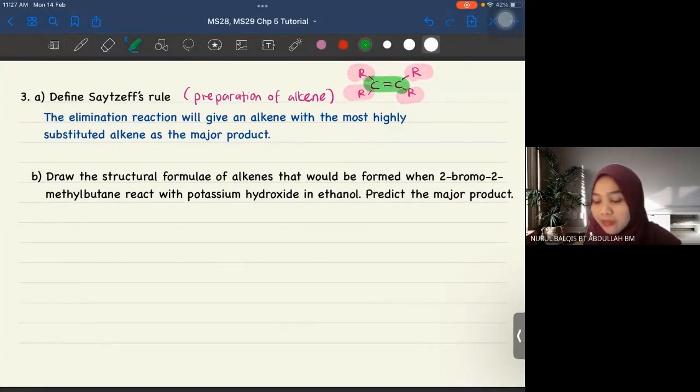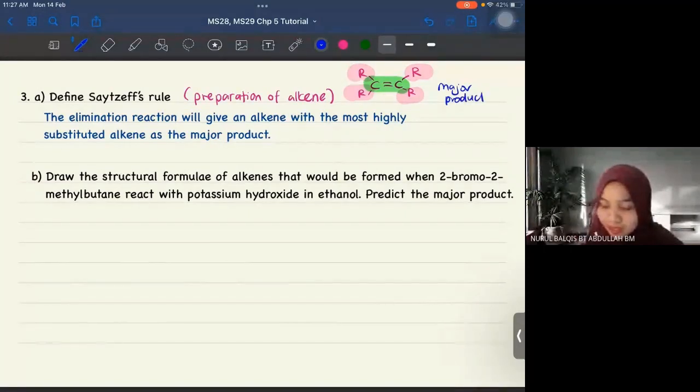So having alkyl group surrounding this carbon-carbon double bond means the alkene will be the most stable. Jadi kita akan denote dia sebagai major product. So kena tulis major product, minor product. Okay, sebab major product maksudnya dia akan hasilkan banyak. Minor akan dapat juga tapi maybe percentage dia sedikit.